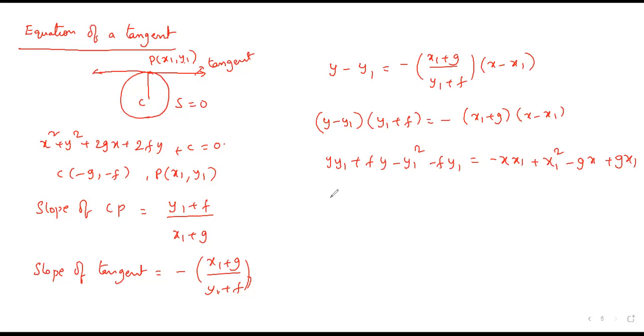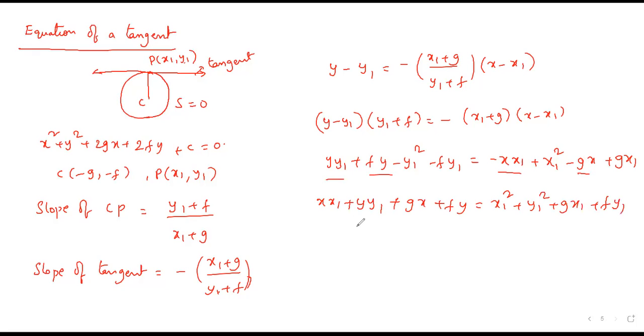So minus x x1 you take to the left side, so plus x x1, and this is y y1, and minus gx you take to the left side, so plus gx, and this is plus fy, and the remaining terms you write on the right side, so that is x1 square plus y1 square plus g x1 plus f y1.